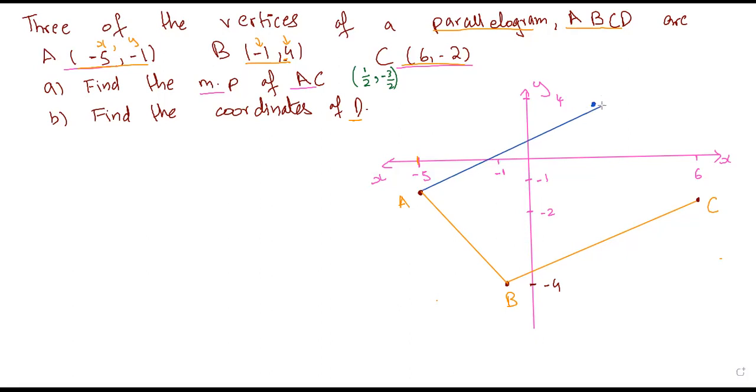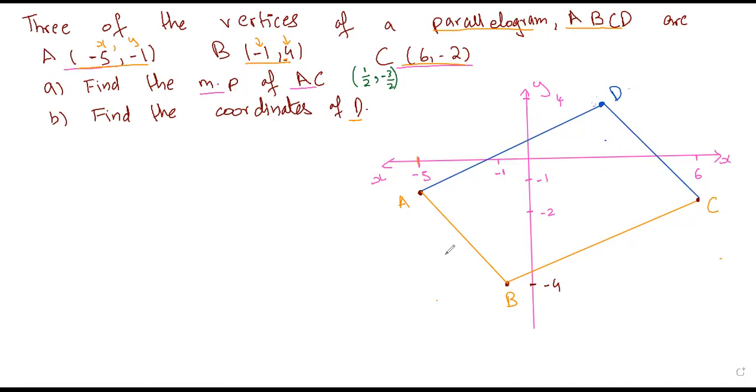So this is the situation. It looks like D would be somewhere here. But we cannot just guess that this would be its x coordinate and this would be its y coordinate. We need to find it. And how do we find it?